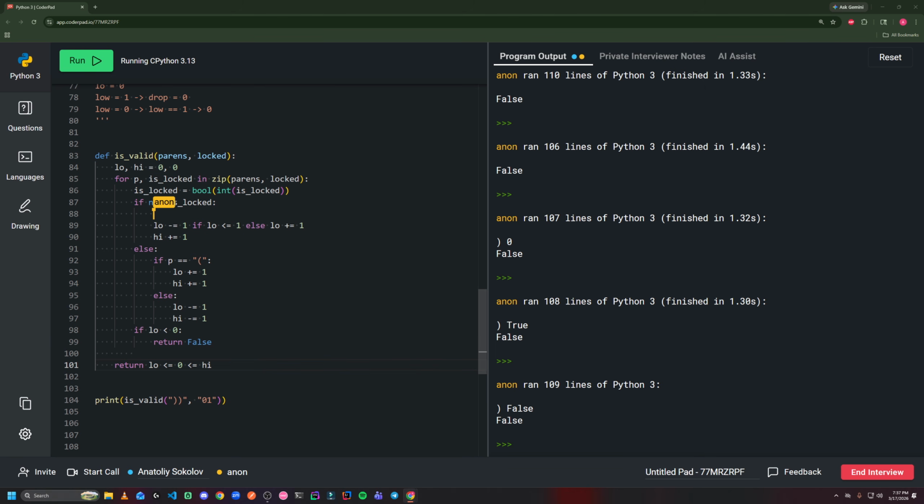It's a lot of branching happening, but I want to enforce the thing of if this would cause low to drop below 0.